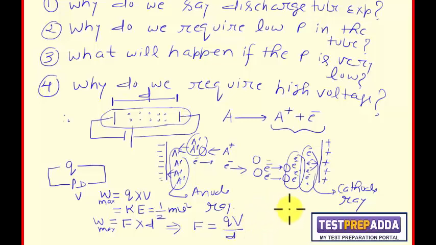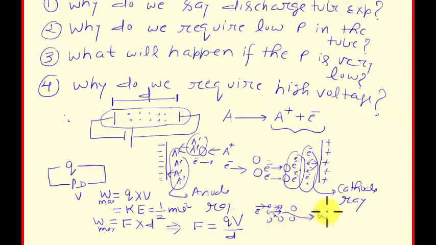But when gaseous particles are there, then the electron, for example, collides with this first atom. Then after this collision, it travels only this x distance and collides with another atom. Now, when the electron travels this x distance, the work done by the battery will be F into x.